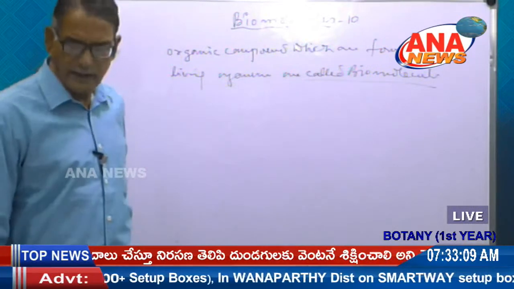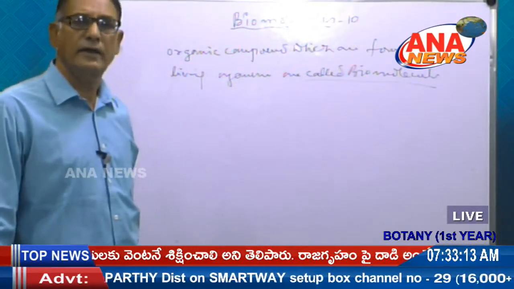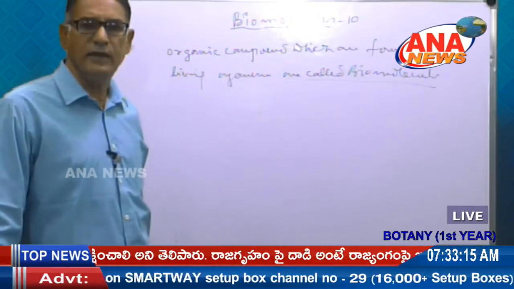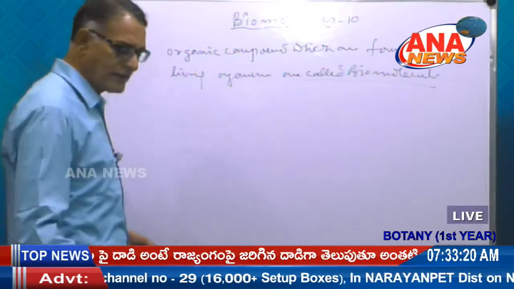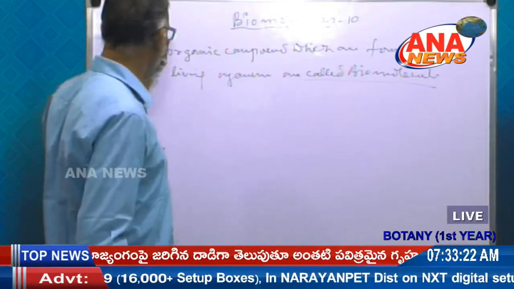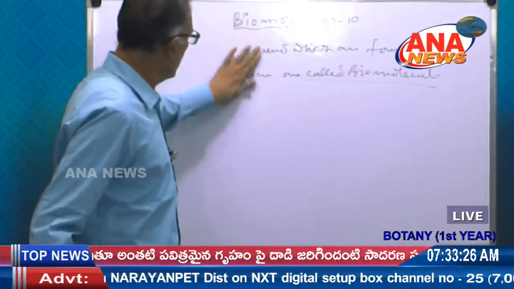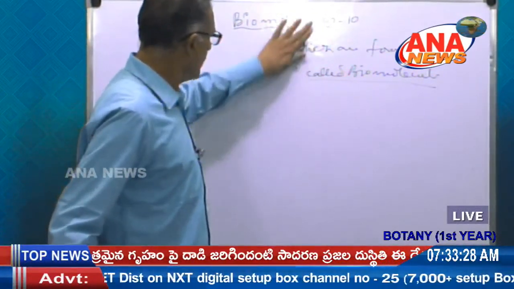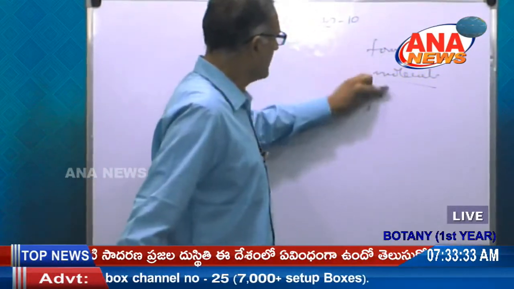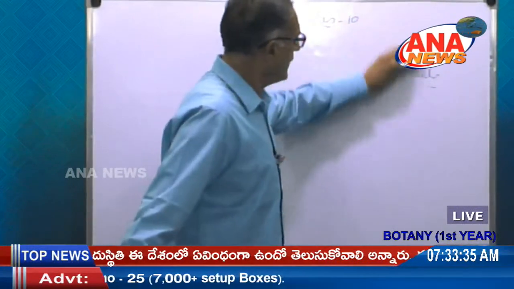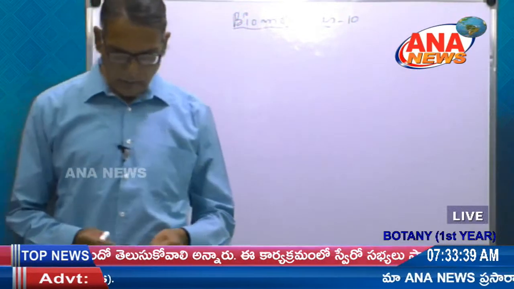So how do we chemically analyze the living compounds? If we ask the question continuously, we will find the answer. Living organisms are made with organic compounds.